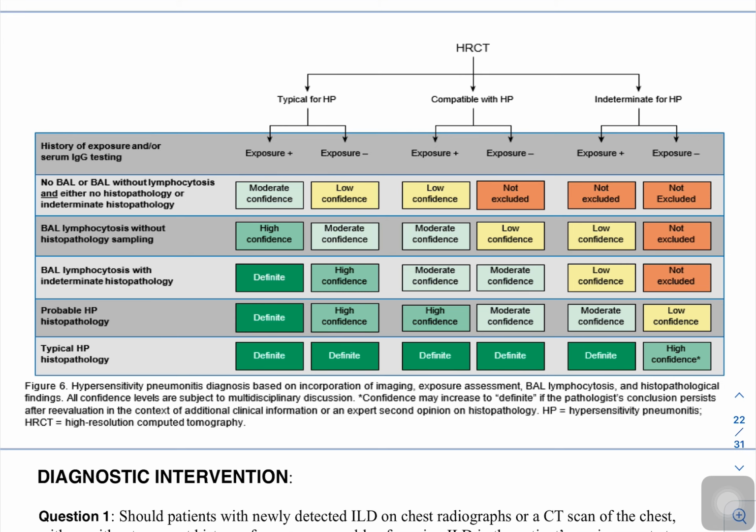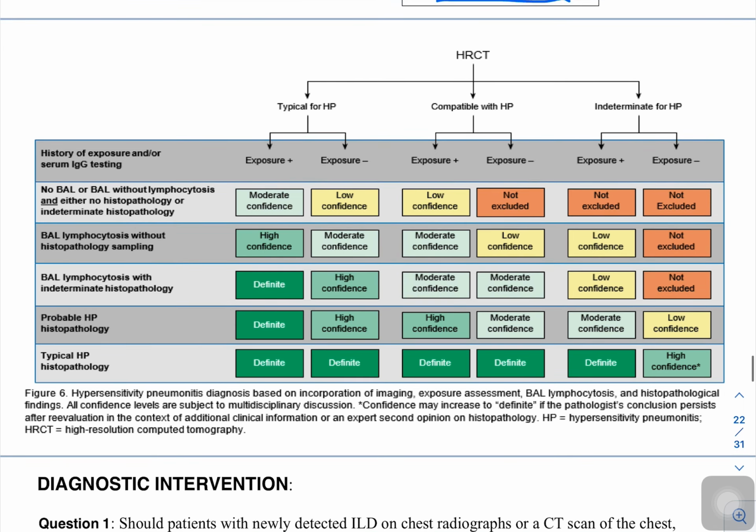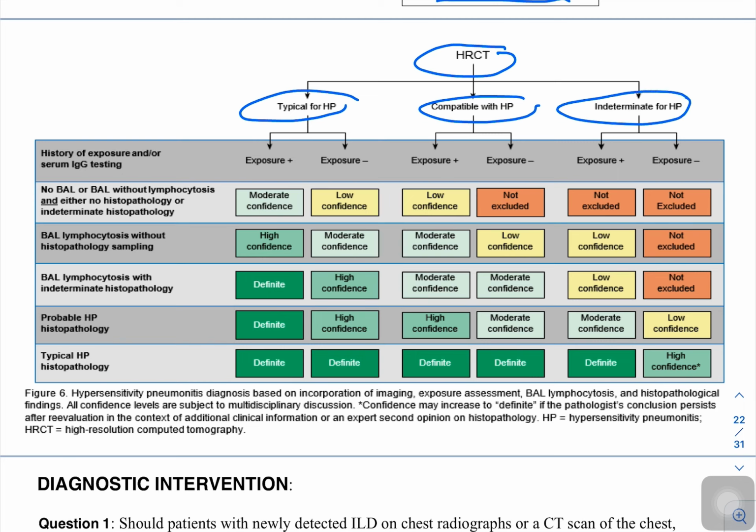This is a very busy slide, but the most important take home is that you do HRCT first and see if it is typical for HP, compatible with HP, or indeterminate for HP. Then check for an exposure, do the BAL and check for lymphocytosis and histopathology findings, and you might need surgical lung biopsies or transbronchial cryobiopsies.